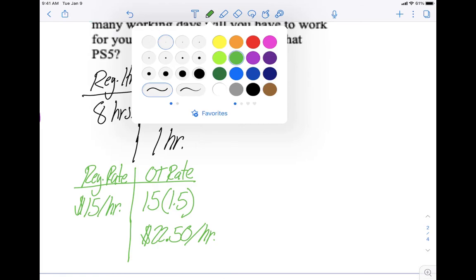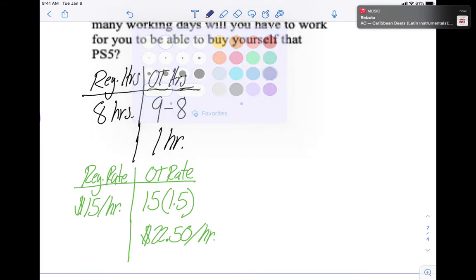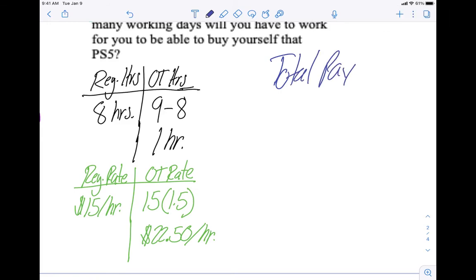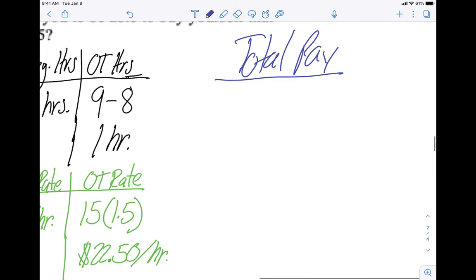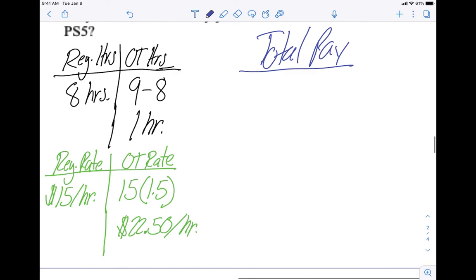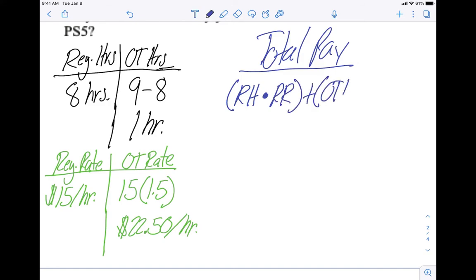Okay? Look at that. So let's figure out our total pay here. How much is this person making? Total pay. So we know total pay is going to be parentheses regular hours times regular rate plus overtime hours times overtime rate. Right? So let's plug in everything that we know.